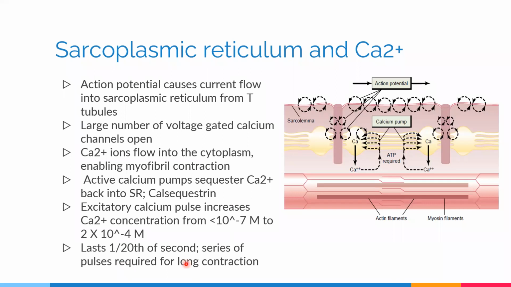And if we need continued contraction of the skeletal muscle, then this requires a series of pulses so that the calcium concentration can be maintained in the sarcoplasm and the skeletal muscle continues to contract.